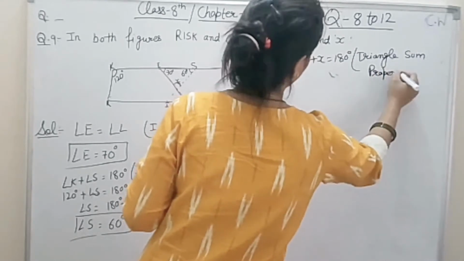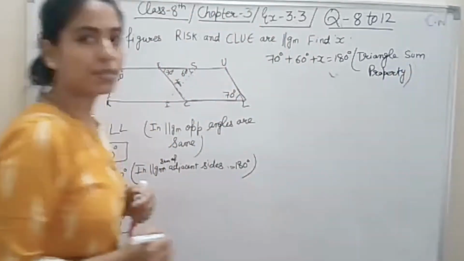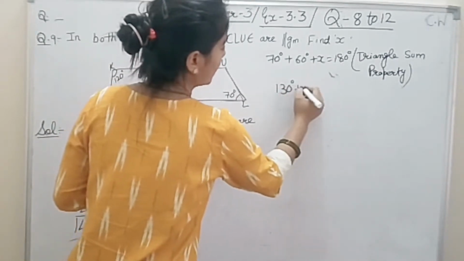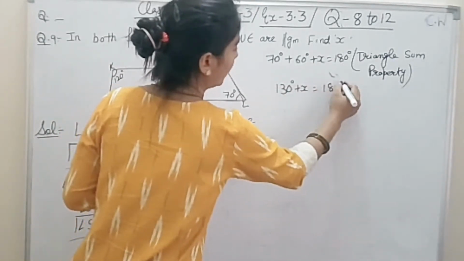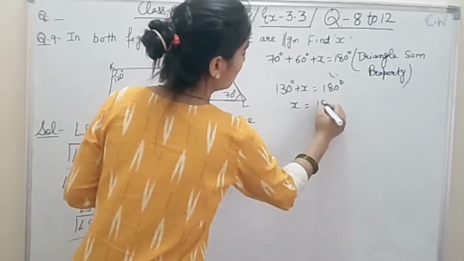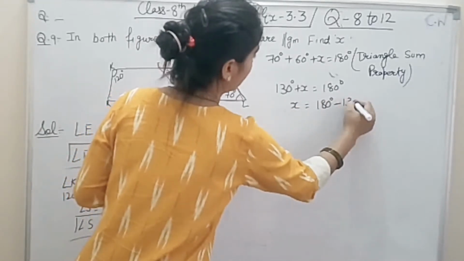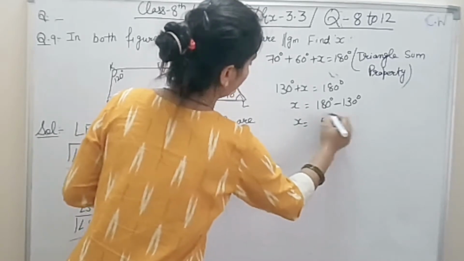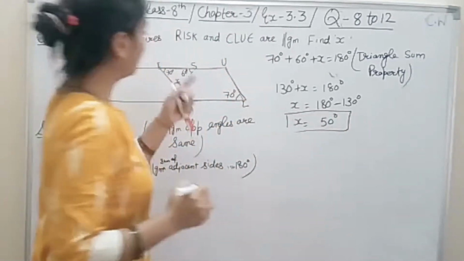Whatever you write, but mention the property as well. Right? So 130 degrees plus X is equal to 180 degrees. So X is equal to 180 minus 130. So X is equal to 50 degrees. So X value is 50 degrees.